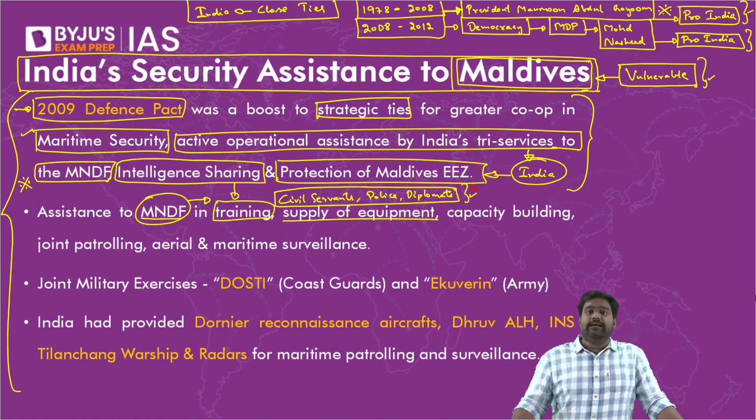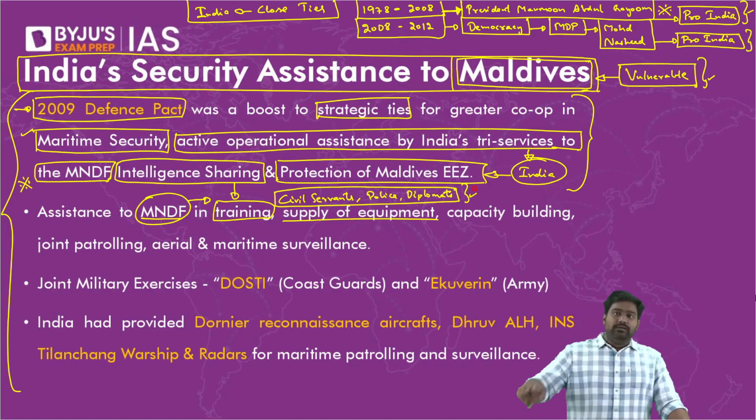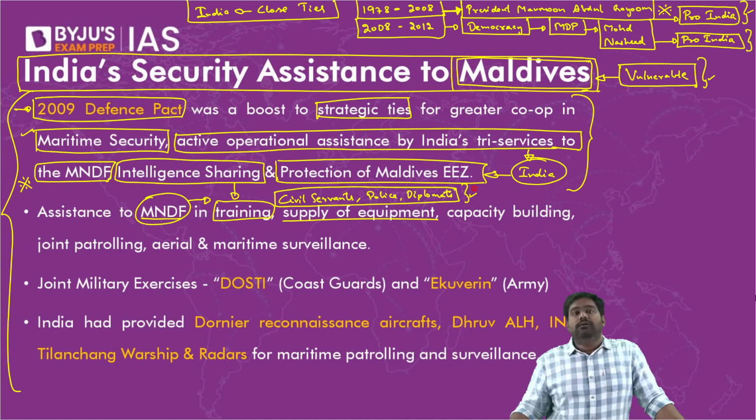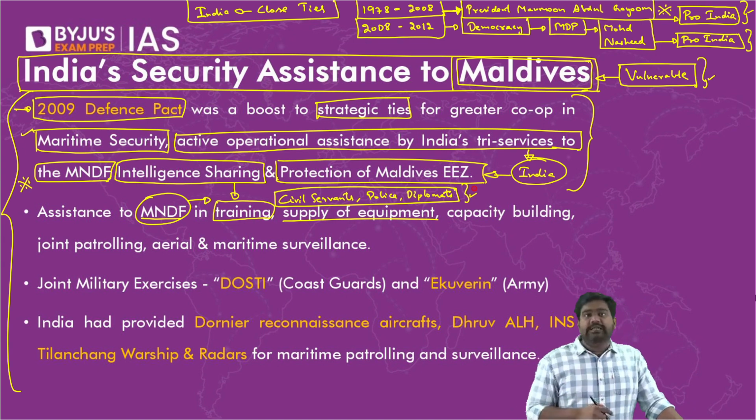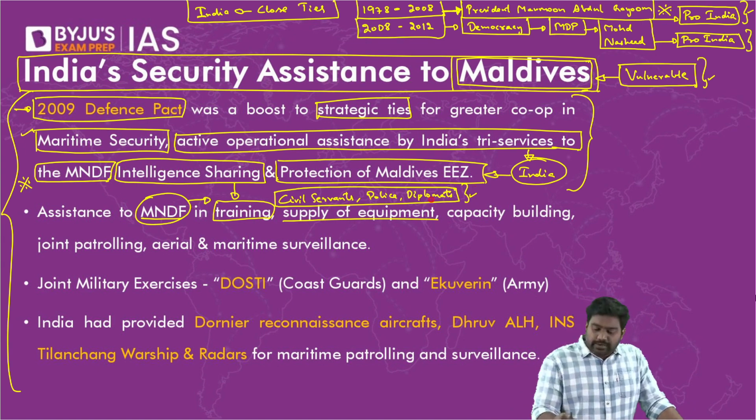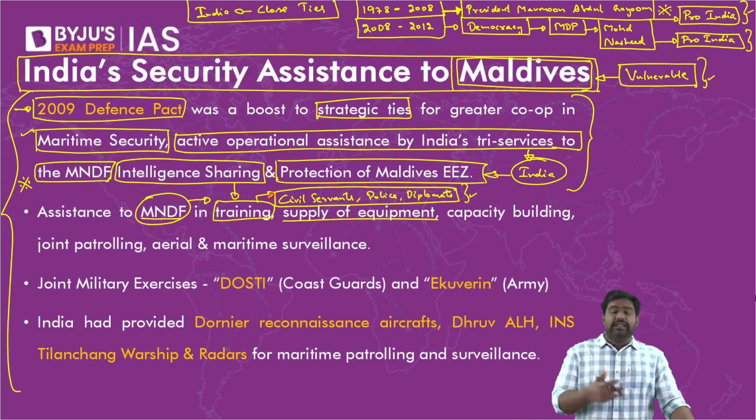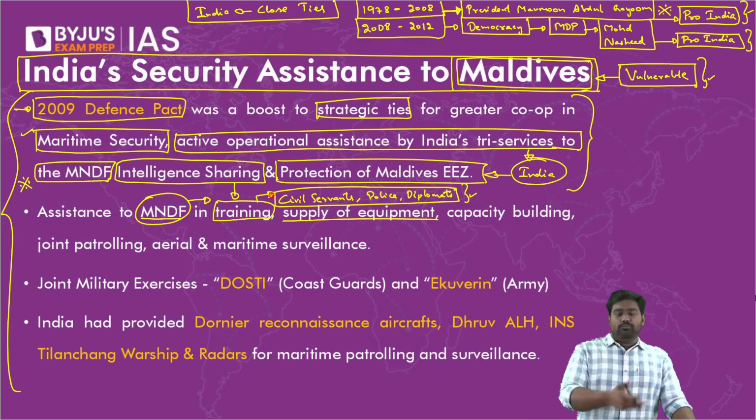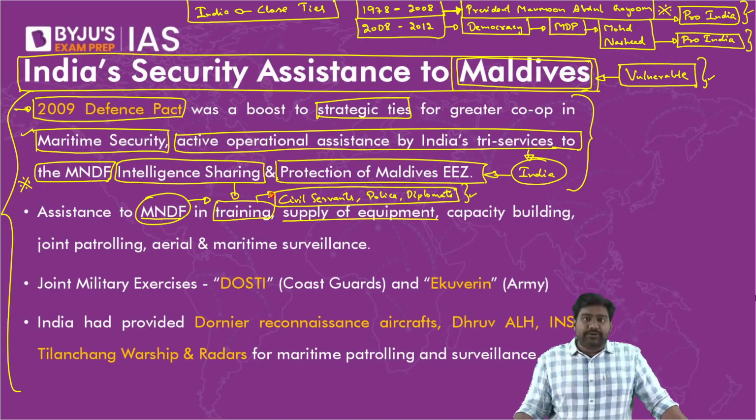If you clear this exam and go for training at LBSNAA, Mussoorie, or if you go for your specialized training at National Police Academy in Hyderabad or the Foreign Service Institute in Delhi, depending on your service, right? There you will come across such foreign probationary officers as well from friendly countries like Bhutan, Maldives, Mauritius, Seychelles, etc.